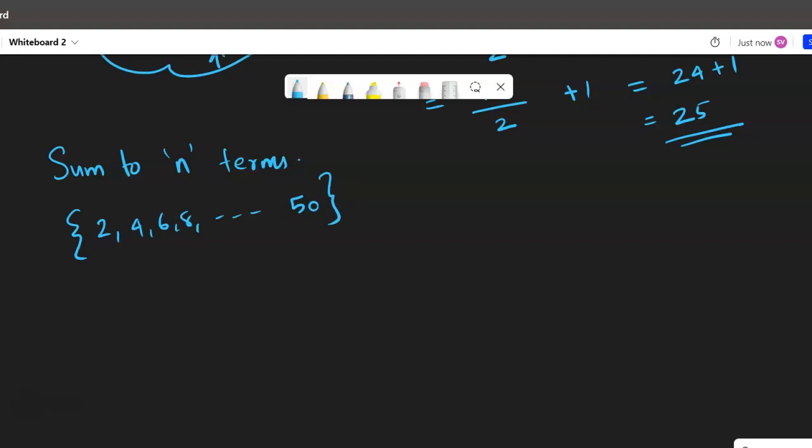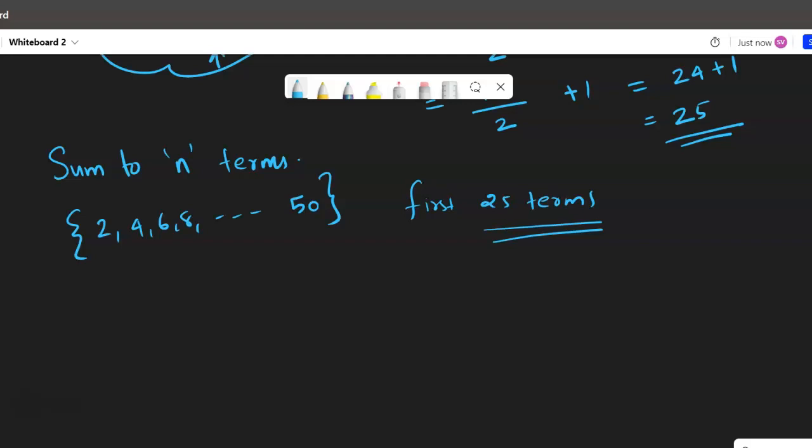If you need to find the sum of the first 25 terms, we know that this sequence has 25 terms. We already proved that in the last example. So I need to find the sum of the first 25 terms. We know the first term, the last term, and n is the number of terms.